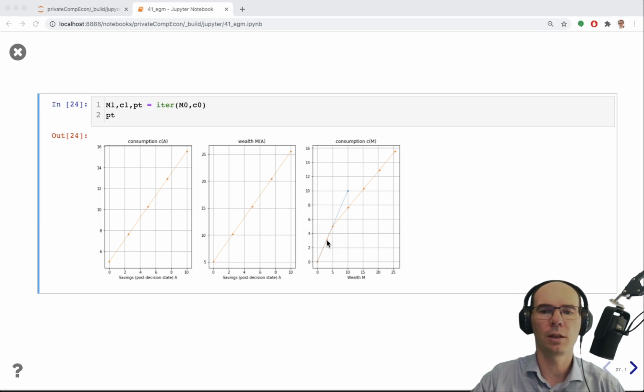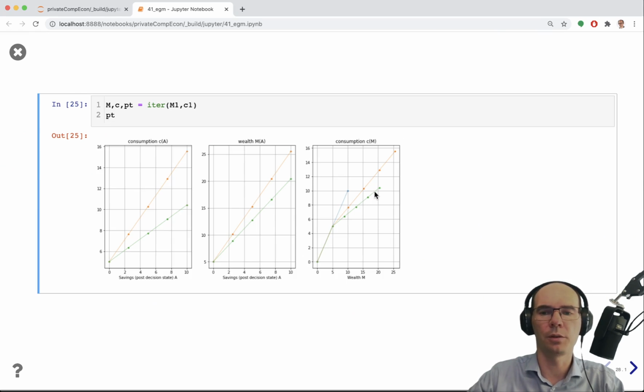So if you have wealth which is less than 5, and you know that in the next time period you're going to get 5 anyway, then you may just as well consume everything, and then next time period you get 5, right? That's what defines this region where the whole wealth is consumed.